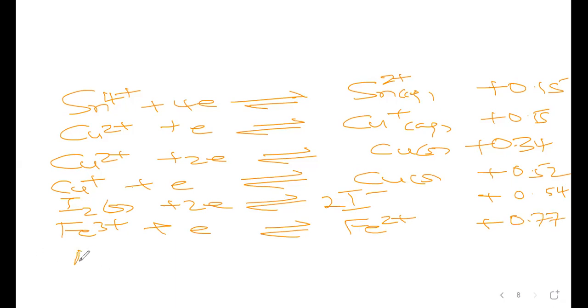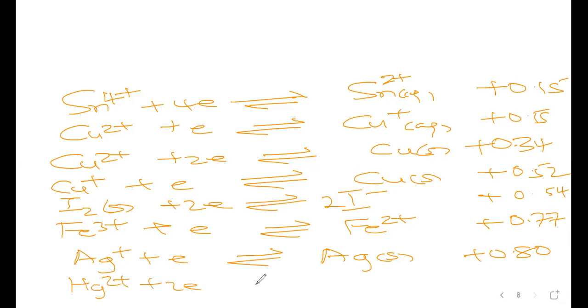We have the silver ion forming silver metal. Electrode potential here is positive 0.80. We are writing it to 2 decimal places. Mercury 2 ion forming mercury metal.